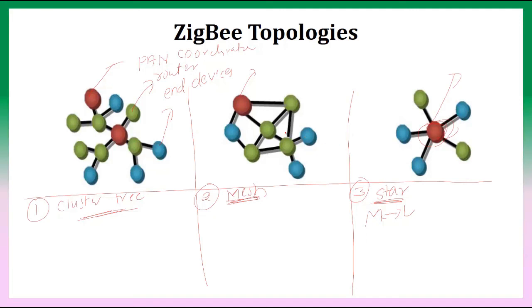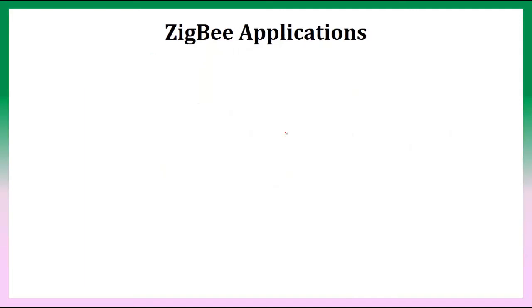Next we will see some of the applications. In general, the throughput of ZigBee is quite low, and the data transfer rate is 250 kbps.